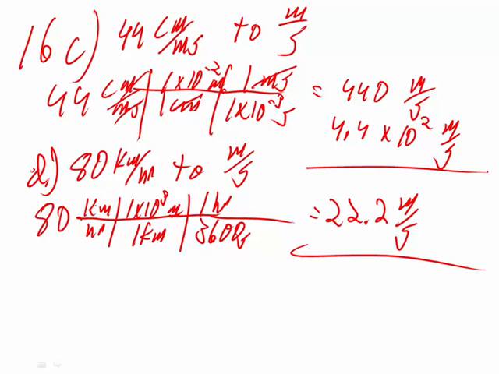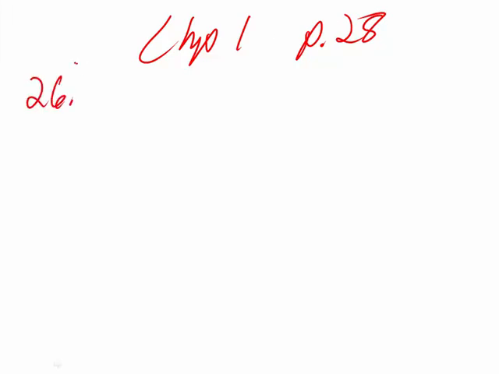And then let's look at one more. Let's look at number 26. It's still on page 28. This is chapter 1, page 28, number 26. Number 26 says Loveland, Colorado is about 18 kilometers due south of Fort Collins and 31 kilometers due west of Greeley.